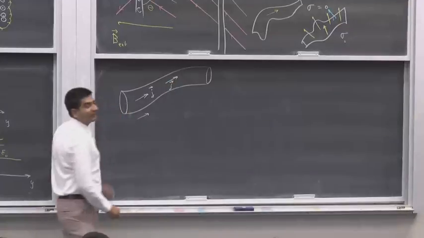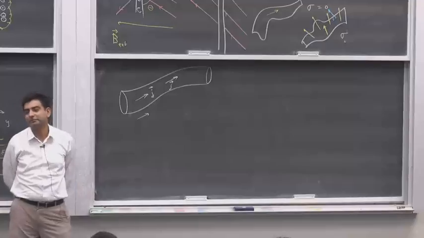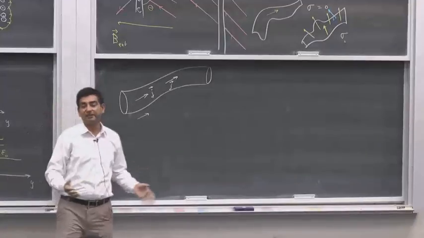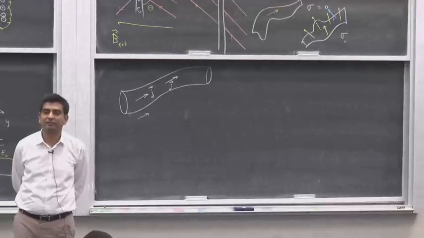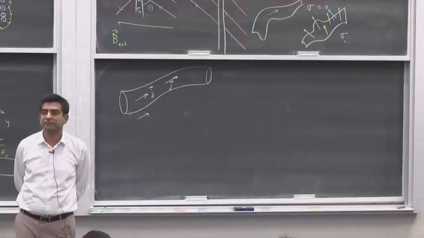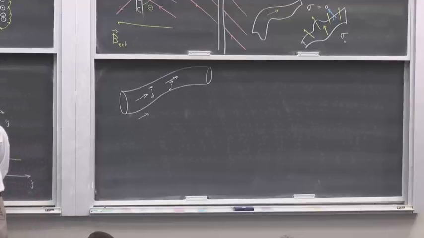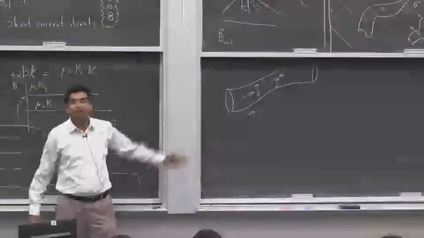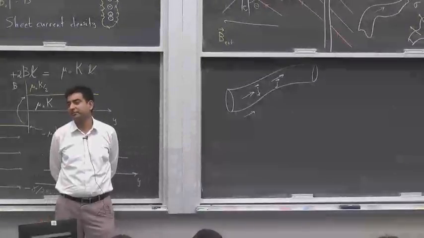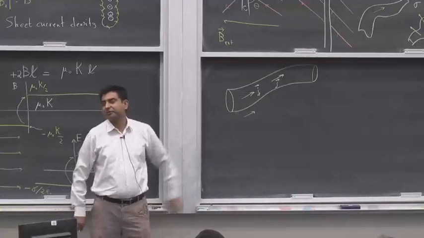Now first of all, let's find out the electric fields inside and outside this conductor. Now what's the direction of electric field inside the conductor? It will be parallel to this current density. No, J is the conventional direction.